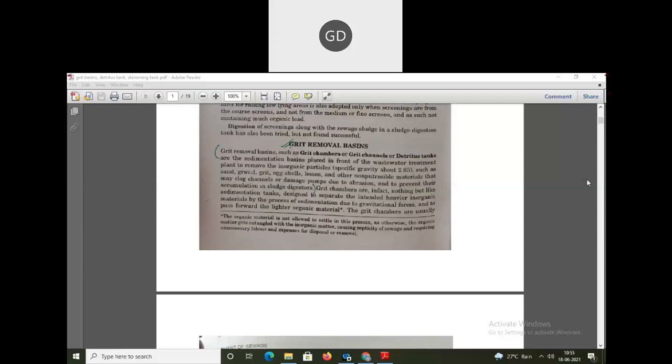These grit removal basins or grit chambers are placed in front of the wastewater treatment plant, and they are actually a type of sedimentation basin. They remove the inorganic solids or inorganic particles.